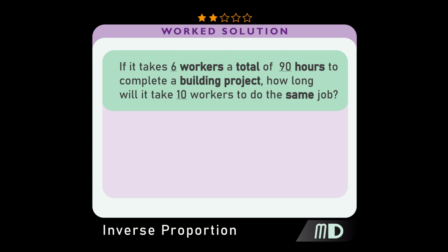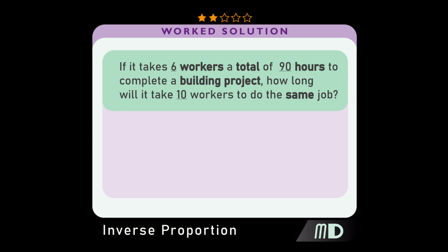Then, using the information given to us in the question, find the constant of proportionality to establish an equation that can be solved for either variable. And finally, by substituting the values into the equation, we can find the number of hours taken to do the job.